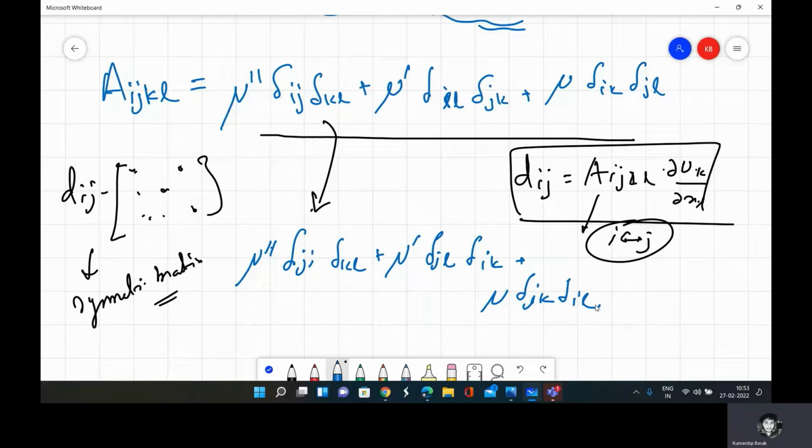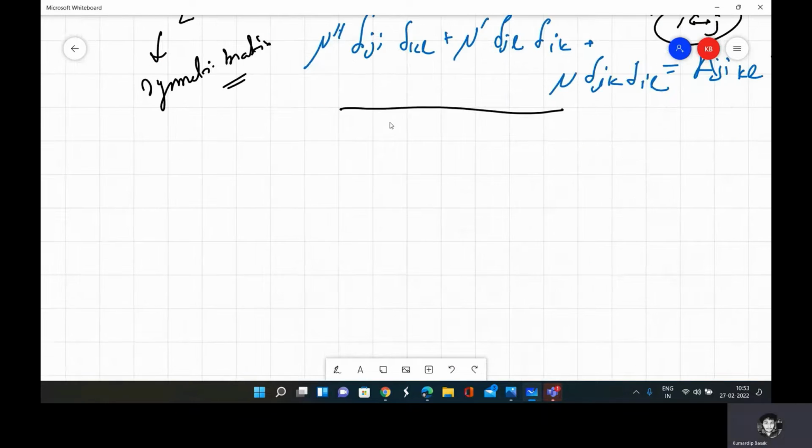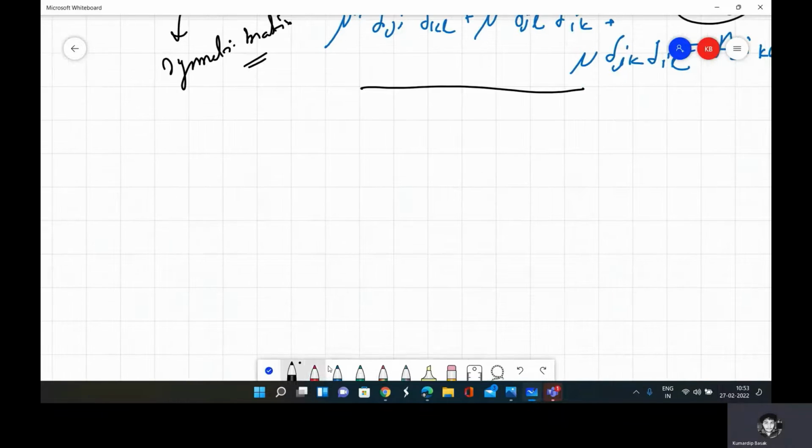We interchange i and l, and again interchange j and i. We get two equations, and we subtract them.